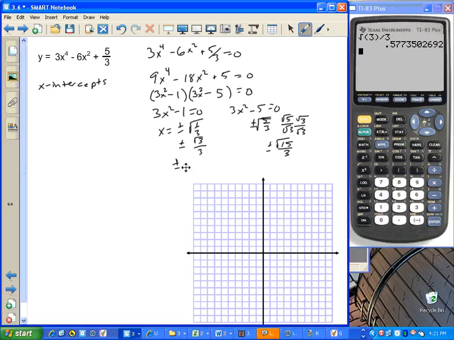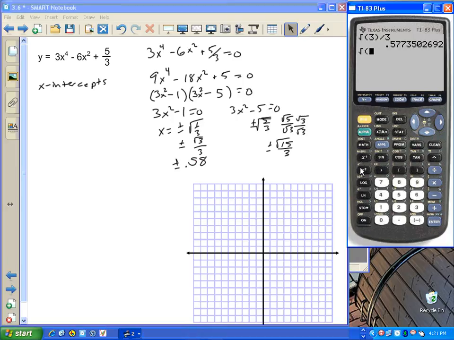Plus or minus 0.58. And the square root of 15 over 3 is plus or minus 1.3, we'll say.